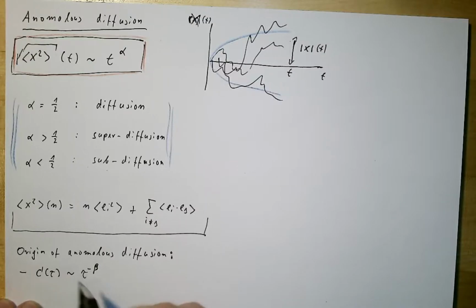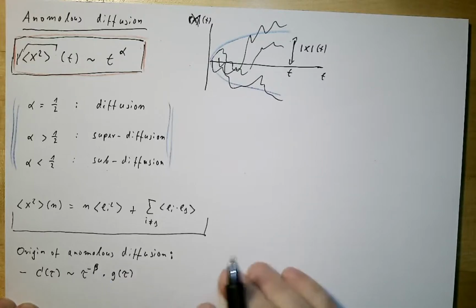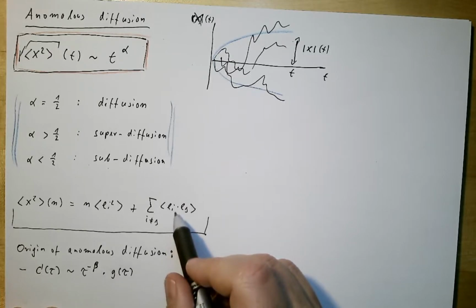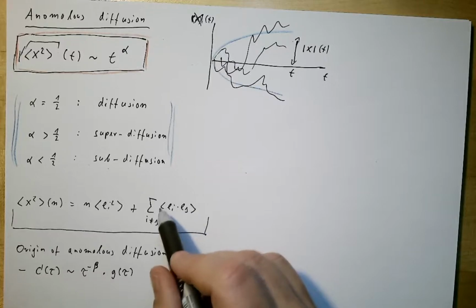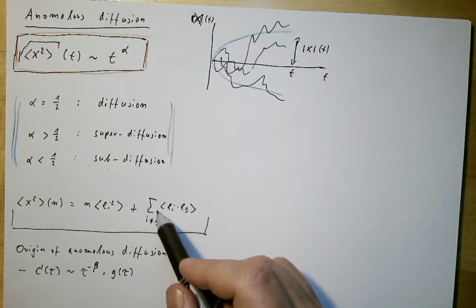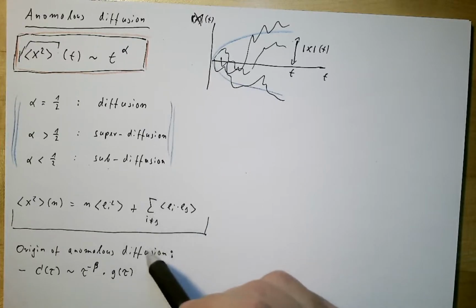It could also be some modified function, for example a power law times some other function of tau which is slowly changing with tau, but basically it also decays with a power law. Then we have a contribution of order n from the second term which cannot be neglected, and this we have seen in the example of the groundwater model, that this gave rise to super diffusive behavior.